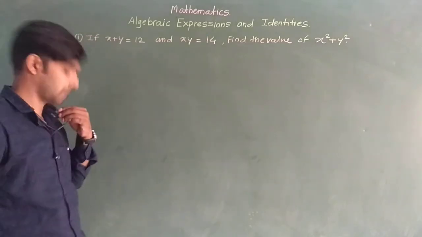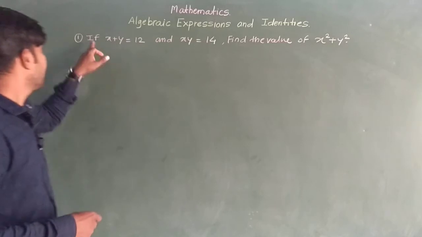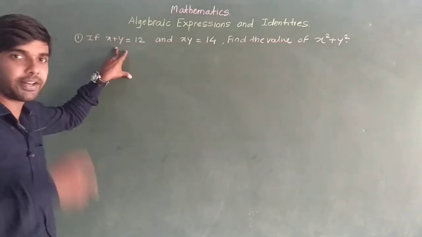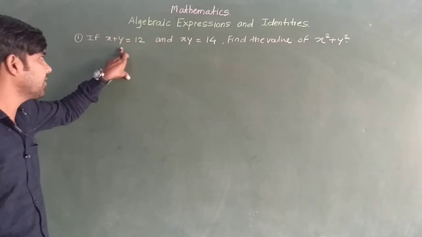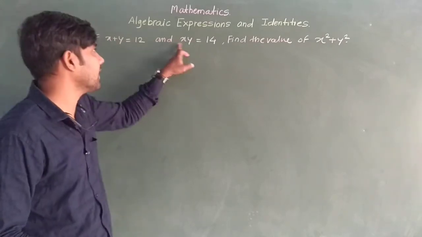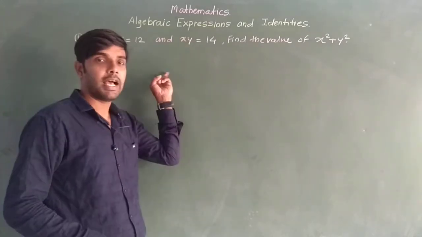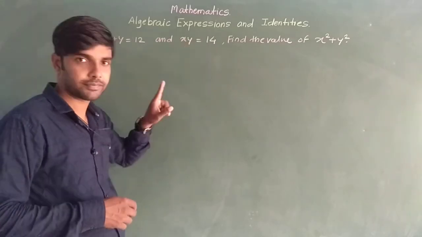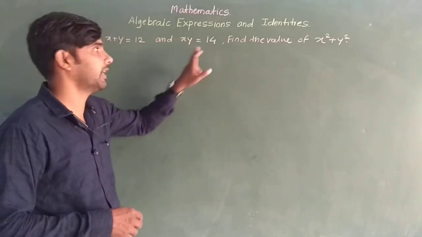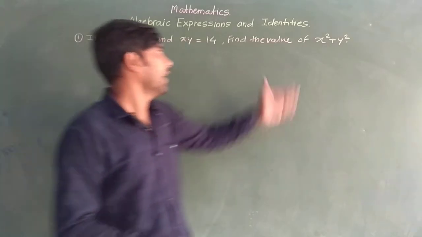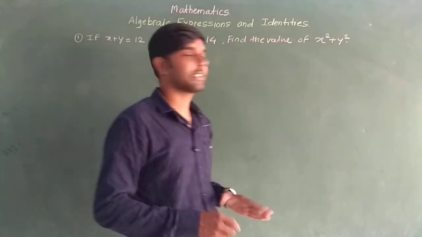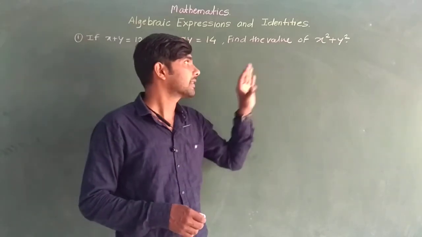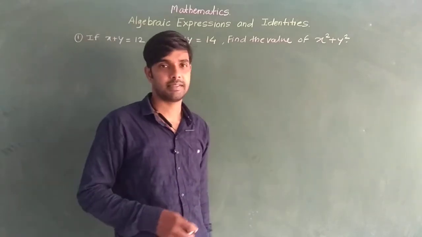Look here. If x plus y, that is the sum of the two literals x and y, is equal to 12. Here xy, that is the product of these two literals, first term and second term, is equal to 14, and we have to find the value of x square plus y square, that is the sum of squares of first term and second term.